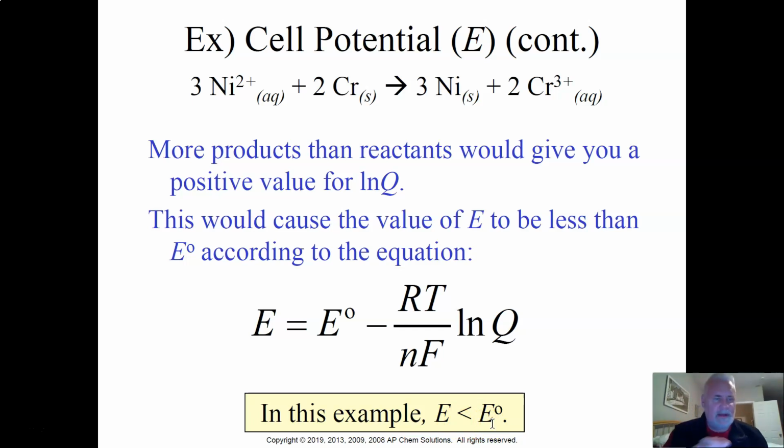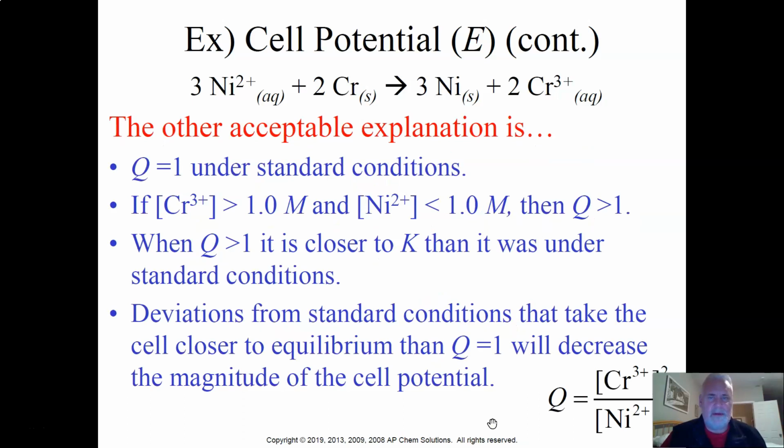Now the second one's going to be an explanation of what I talked about, how we said that if Cr3+ is greater than 1 and Ni2+ is less than 1, then Q is going to be greater than 1. And when Q is greater than 1, that will decrease the magnitude of the cell potential.